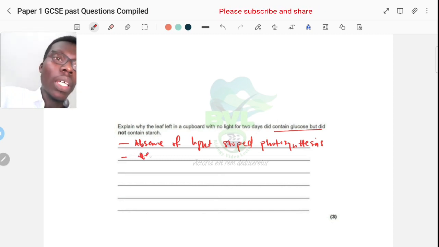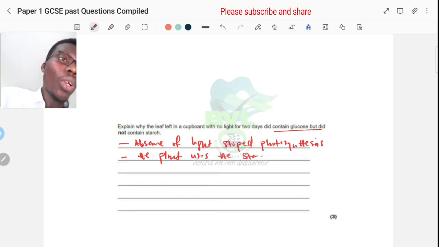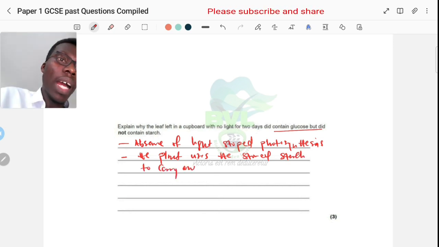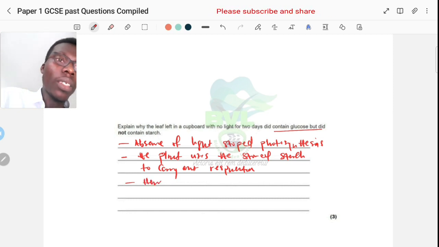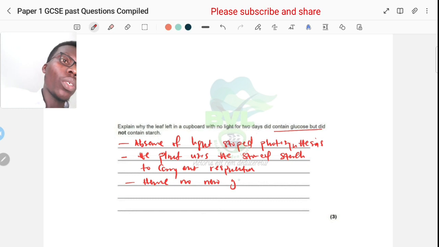So the plant uses the stored starch to carry out respiration. So it uses the stored starch to stay alive. All right. So hence, no new glucose is formed.